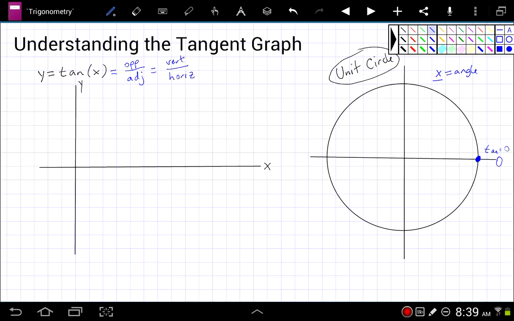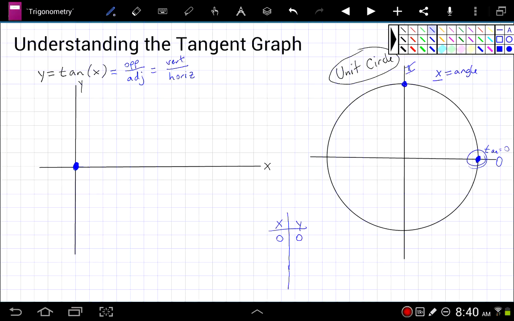Here the vertical side is 0, so 0 divided by the horizontal side, which is 1, gives me a ratio of 0. So tangent is 0 there. So whenever our angle is 0, the tangent of that angle, or y, is also 0. So we get the ordered pair 0, 0.